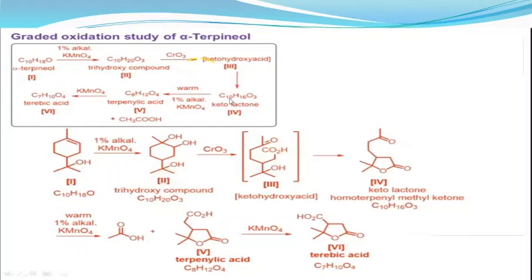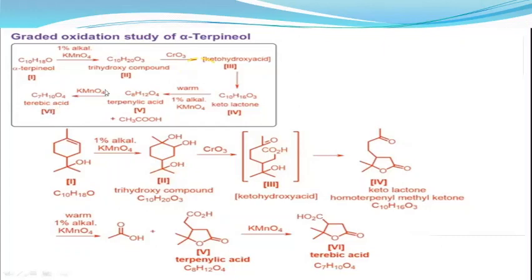This lactone converts into terpenylic acid, forming also one molecule of carboxylic acid. This gives a very important conclusion that a methyl ketone group is present in the ketolactone. Here it is also converted into terebic acid, which contains one carbon atom less.